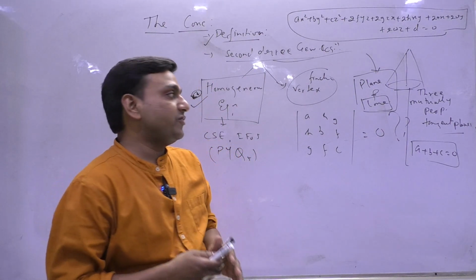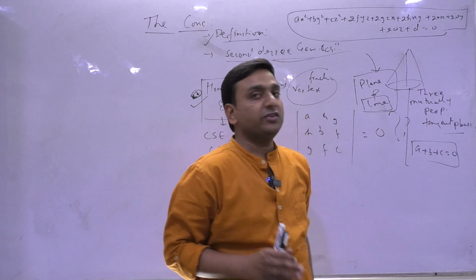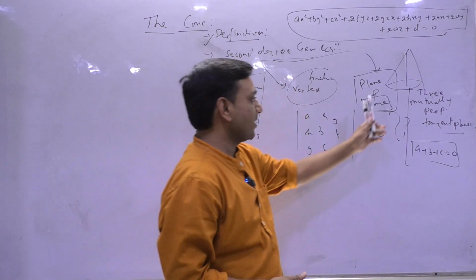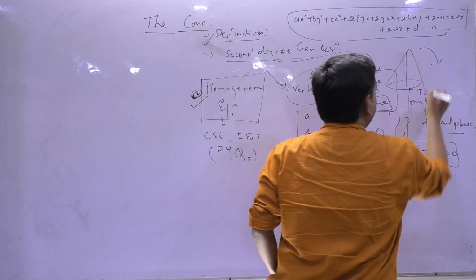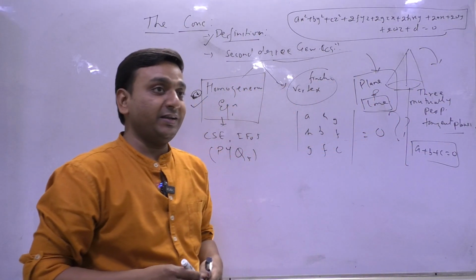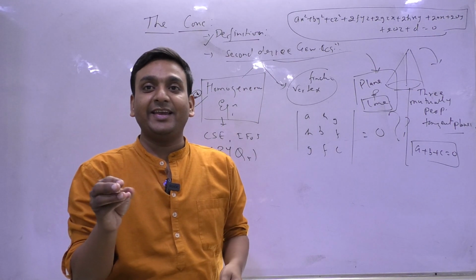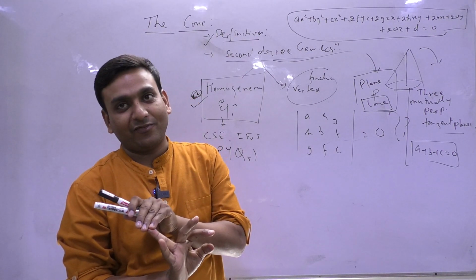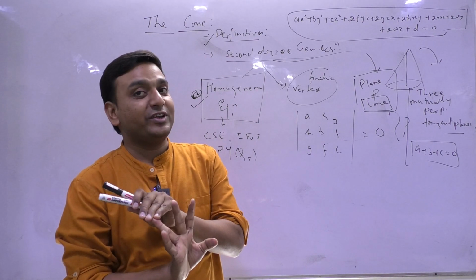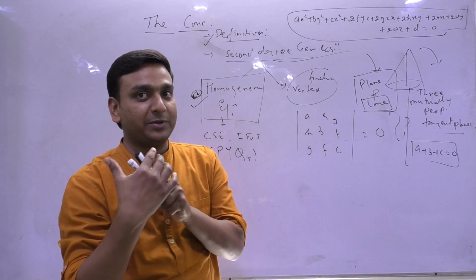What is that condition? What is 3 mutually perpendicular tangent planes meaning? So questions from here. After that we will have another kind of stuff, but that will be including plane, straight line and cone itself, as we did in the sphere chapter.